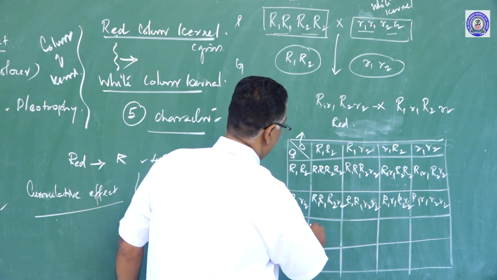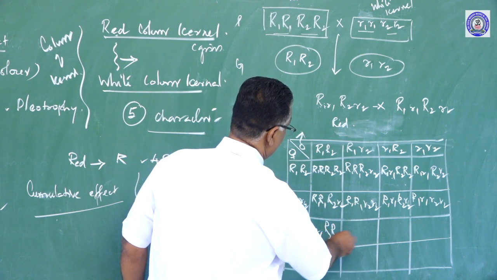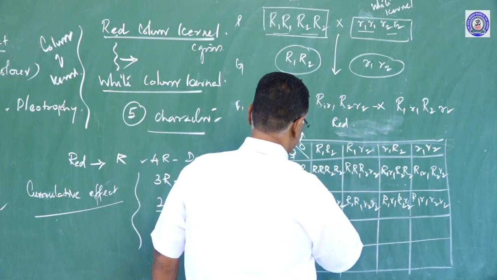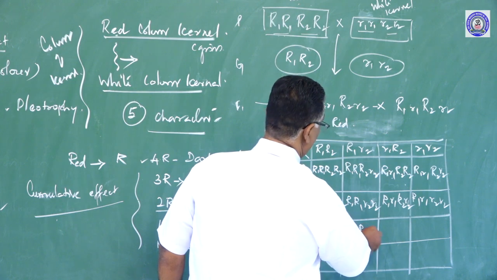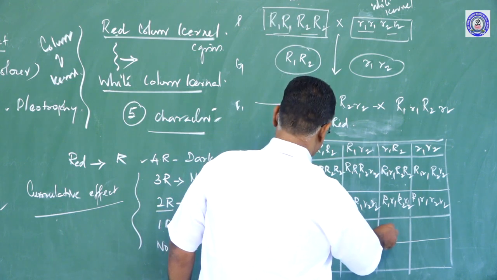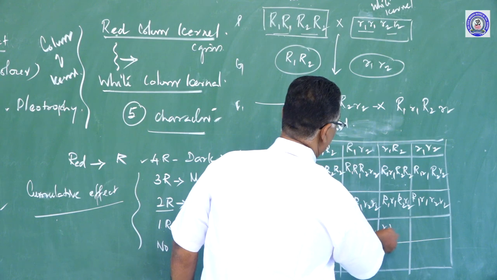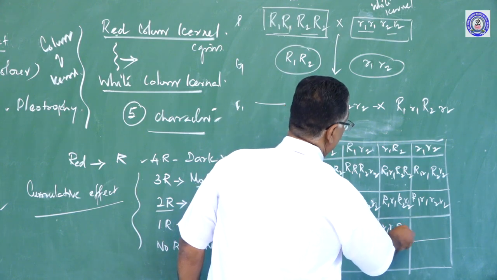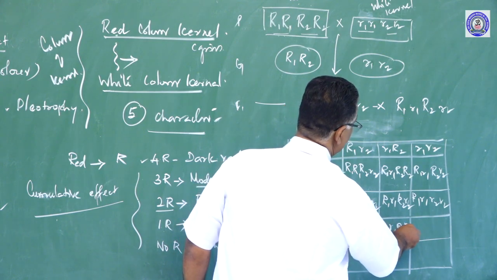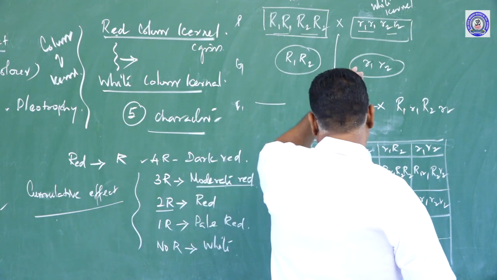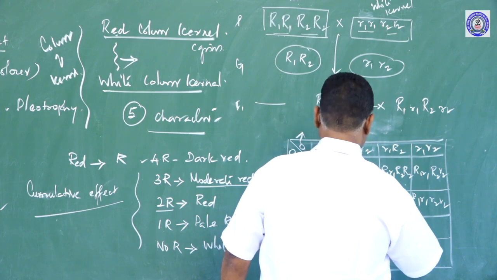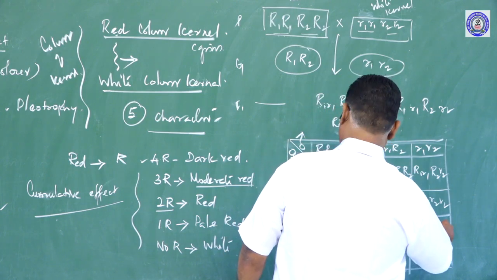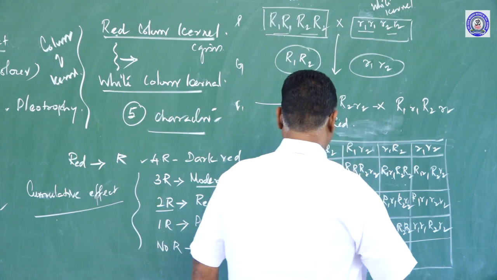Third row, capital R1 small r1 capital R2 capital R2, then capital R1 small r1 capital R2 small r2. The third, small r1 small r1 capital R2 capital R2. Then the last in this, small r1 capital R2 small r2.